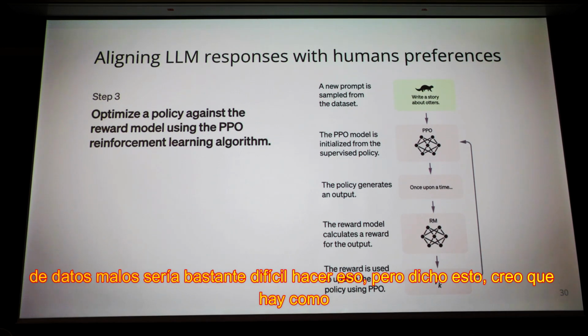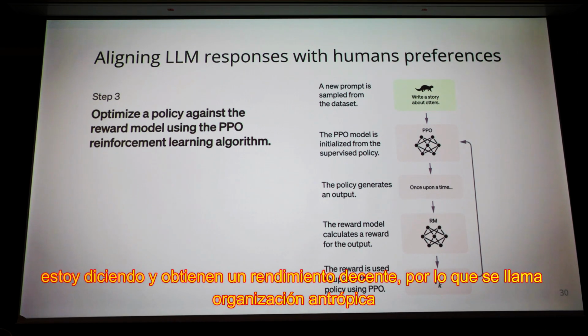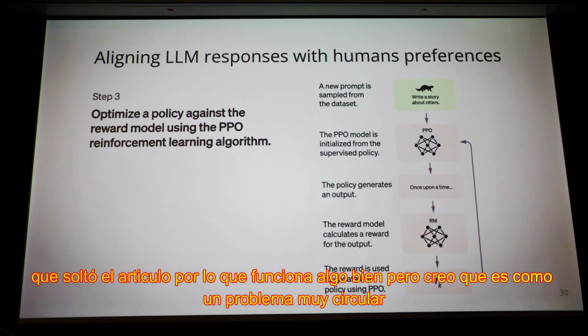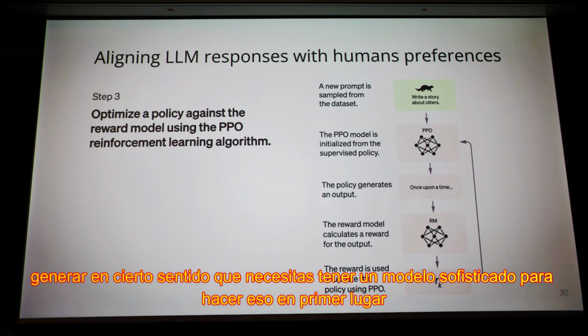But that being said, I think there's a paper very recently released which does something similar to what you're saying, and they get decent performance. It's Anthropic, the organization which released the paper. It works somewhat well, but I think it's a very circular problem because detecting if something is offensive or bad is as hard a problem as generating in some sense. You need to have a sophisticated model to do that in the first place.